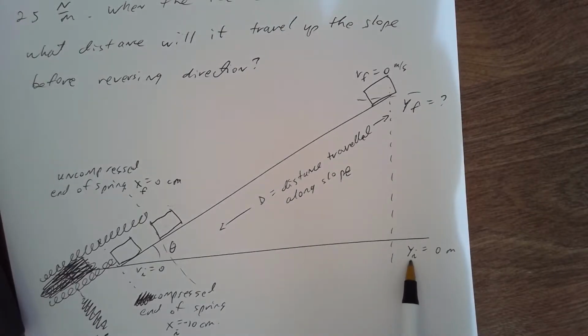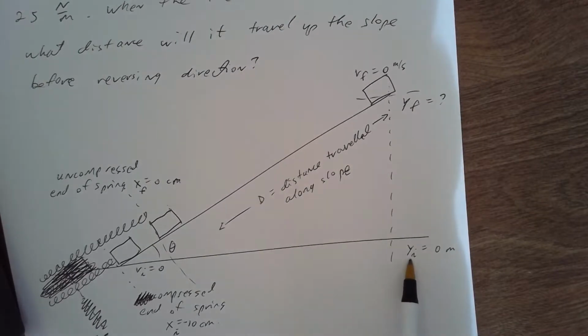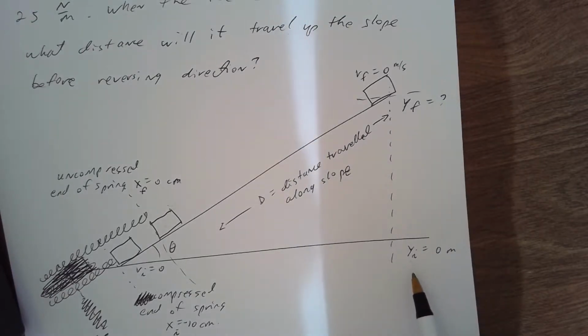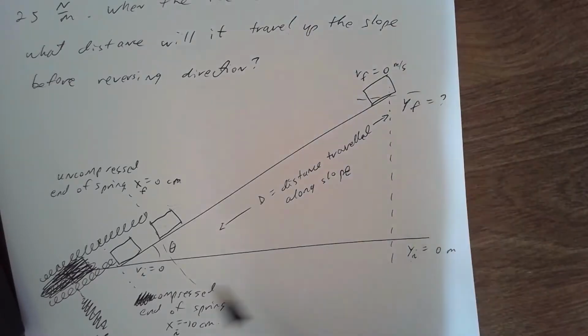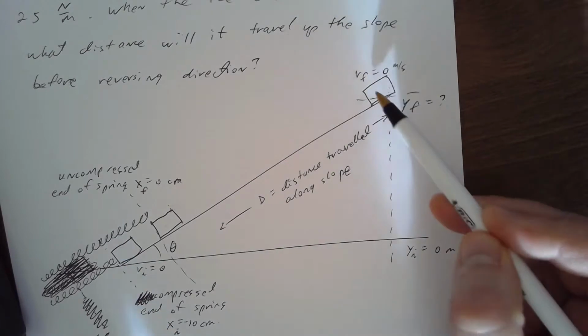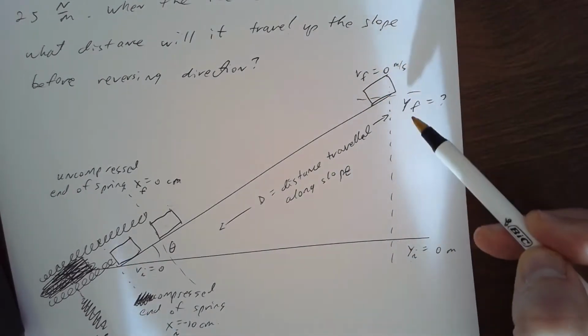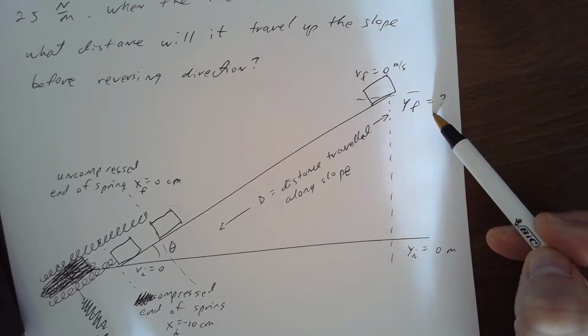And it's always a good idea in conservation of energy problems, which this one is, to pick the lowest place in the problem and call that vertical position 0. And then this problem ends when the ice cube is somewhere higher up the slope and it's gone a vertical distance y final. But we don't know what that is.